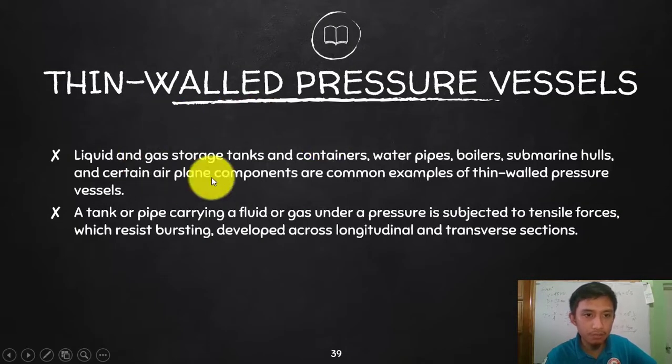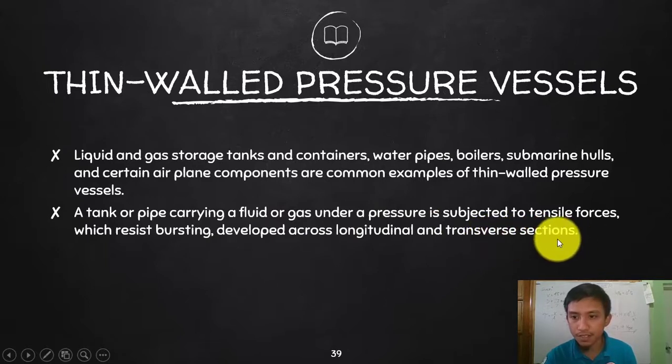Liquid and gas storage tanks and containers, water pipes, boilers, submarine hulls, and certain airplane components are common examples of thin-walled pressure vessels. Again, there are a lot of those. A tank or pipe carrying a fluid or gas under pressure is subjected to tensile force while resisting bursting, developed across longitudinal and transverse sections.